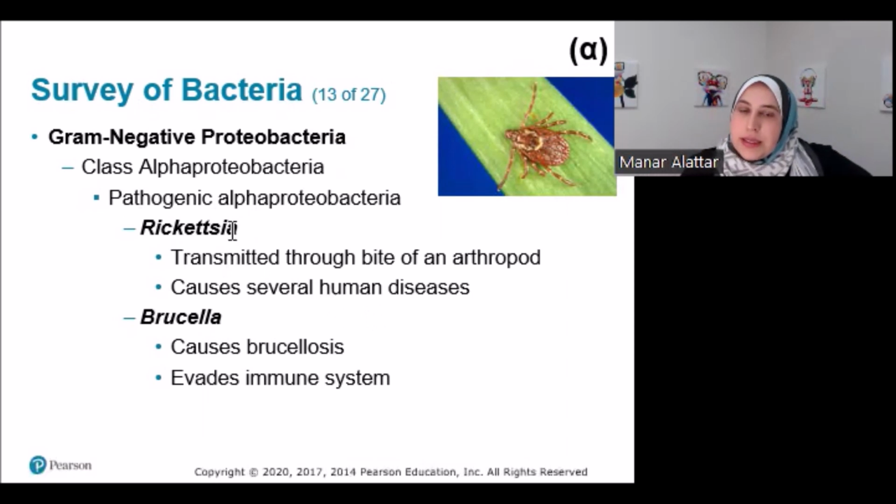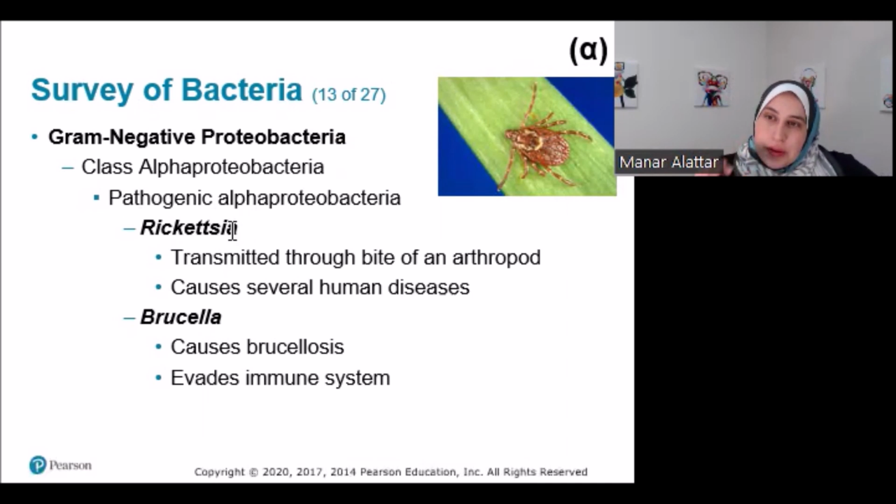Rickettsia is an obligate parasite. It's gram-negative, aerobic, and rod-shaped, and it obligatorily has to live within the cells of another organism.